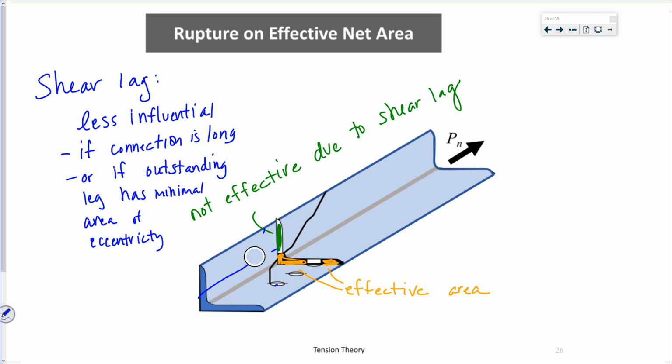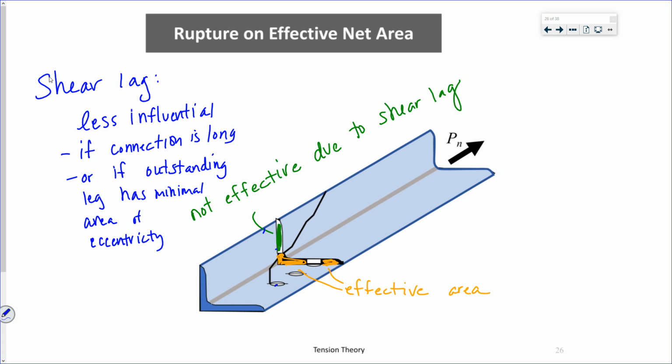If there wasn't that long of a leg on the not connected part of that angle, then it wouldn't be as big of a deal. I mean, you would still have less cross-sectional area because you'd have a smaller cross-section to begin with, but shear lag wouldn't affect your effective area as much. My affect and my effect, right?